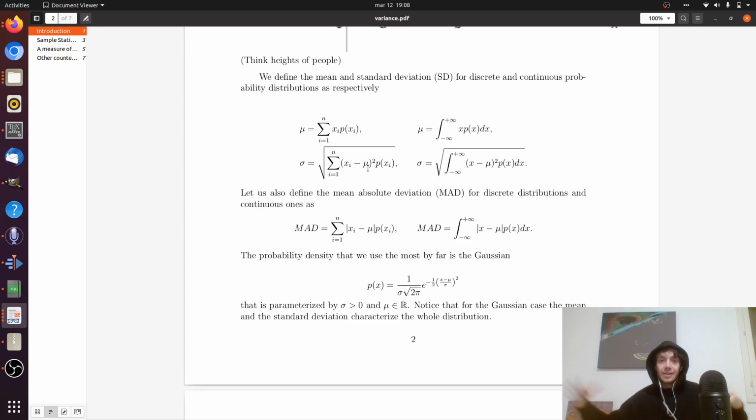So if the density is going to be more spread out, then this quantity is going to be greater.